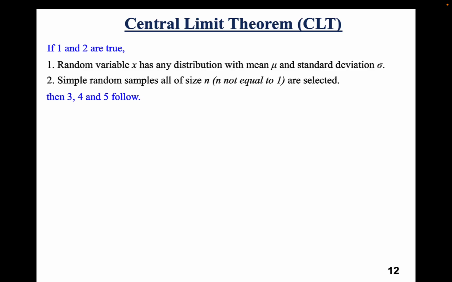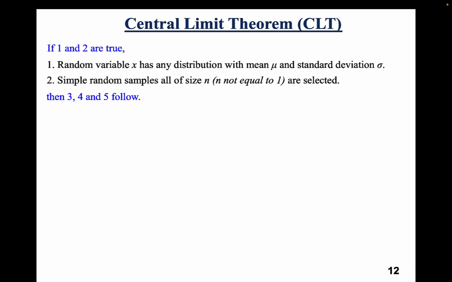All right, so we've seen an example, a video, and now let's check out the central limit theorem. If 1 and 2 are true: 1, we need random variable x to have any distribution with a mean of mu and standard deviation of sigma; 2, we need simple random samples, all of size n, where n is not equal to 1, to be selected.